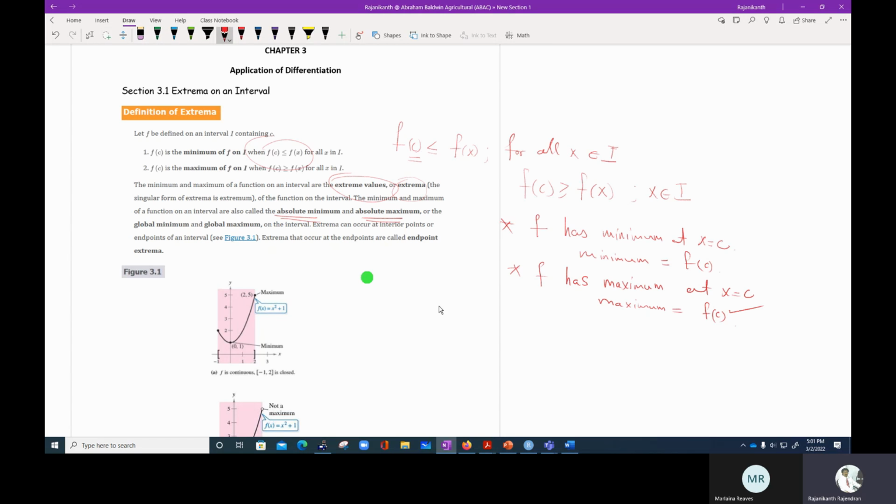So basically, you are checking whether a function has a minimum or maximum throughout the given interval. Some books use global min or global max instead of absolute min or absolute max. Both of them are fine. You could use any of these terms to find the extreme values of a function for the given interval.